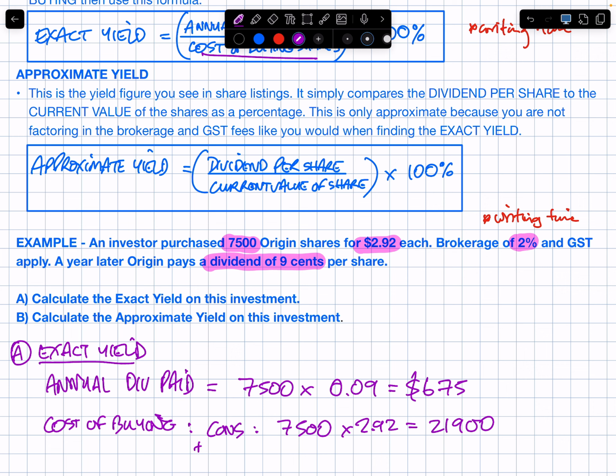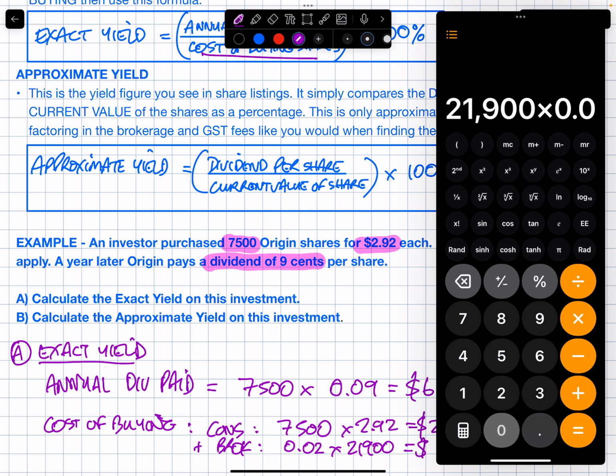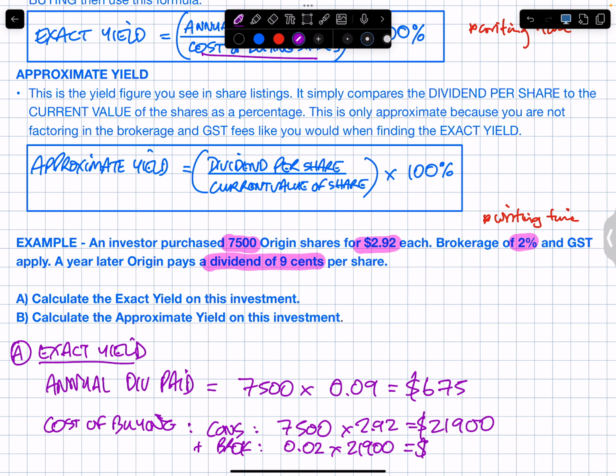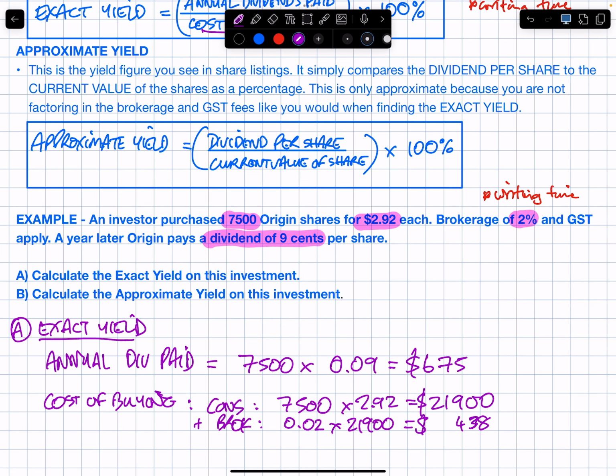What is the fee you have to pay? Yep, brokerage. It's 2%, so 2% as a decimal, 0.02 times by 21,900, $438. And GST, 10% of 438, 0.1 times 438 is going to be $43.80.